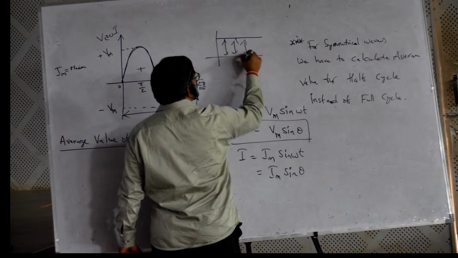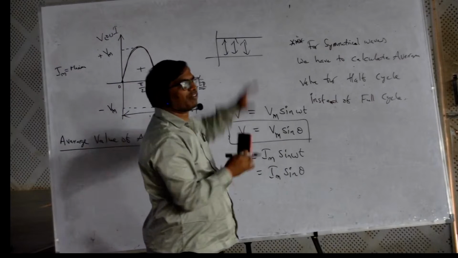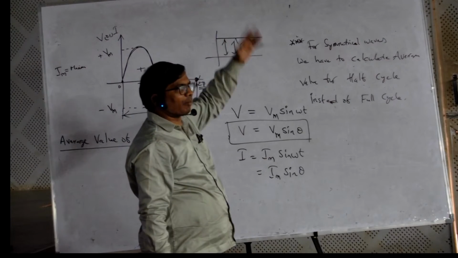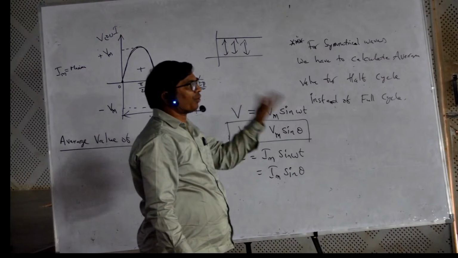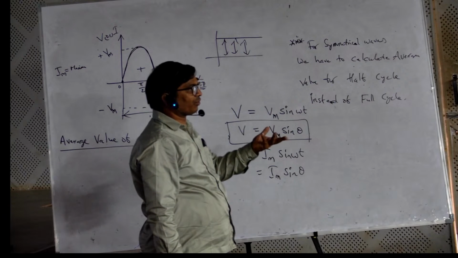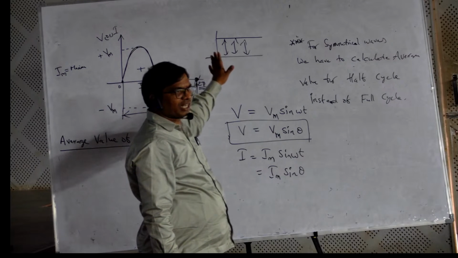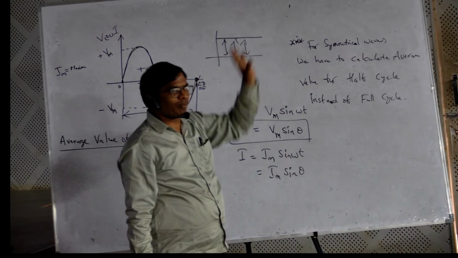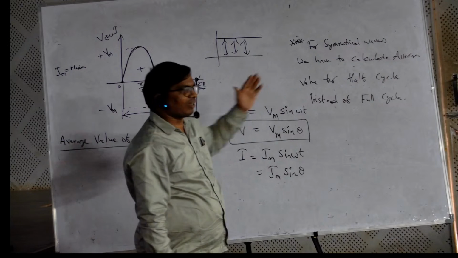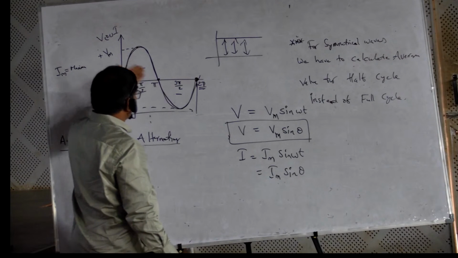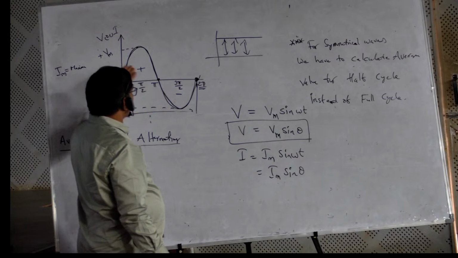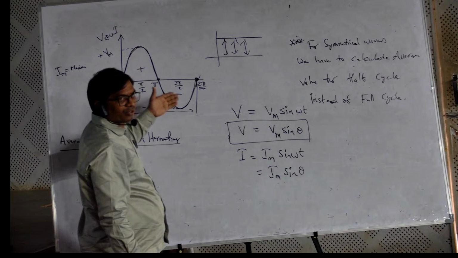It is not changing, not alternating, it is a constant value. That's why we have done all problems with respect to DC sources, 20 volt source, 30 volt source, taking a resistor and completing different types of problems. For DC we do not have positive and negative values. Here we have positive values and negative values.